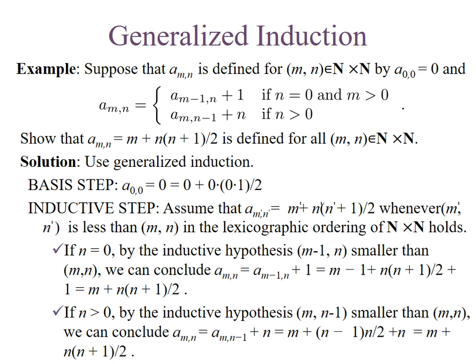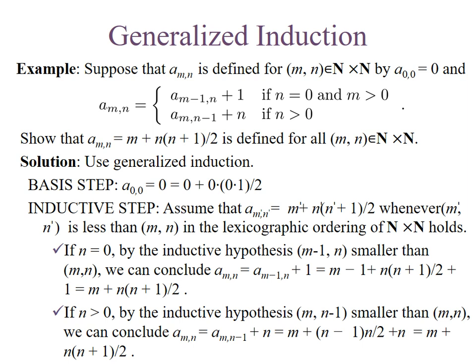Now we have two different cases because we don't know if m is 0 or larger than 0. So we consider m is 0. By the inductive hypothesis, all ordered pairs less than (m,n) follow the property. If we have the ordered pair (m minus 1, n), this one is less than the ordered pair (m,n), so it follows the equation.